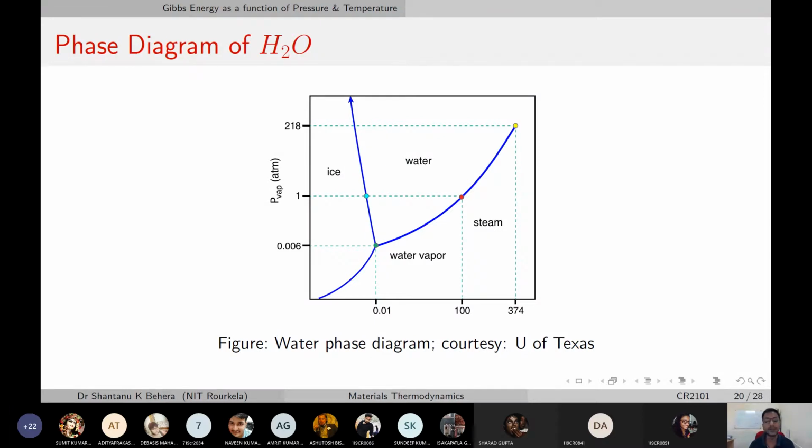Okay, and likewise we can think about, in a constant pressure environment, how the free energy of each of these phases changes with changing temperature. Okay, these are the two aspects we'll talk about today.